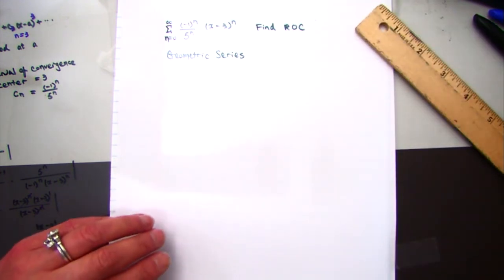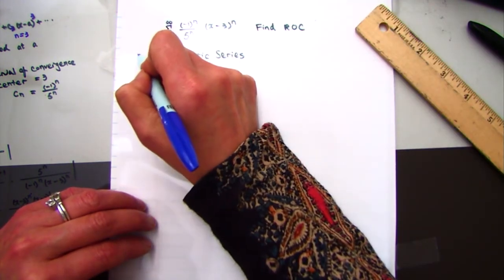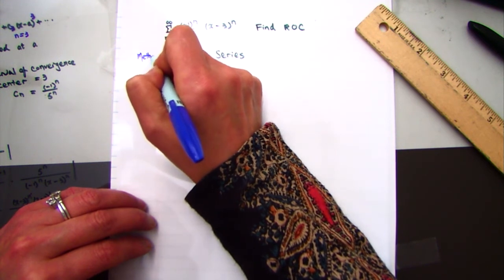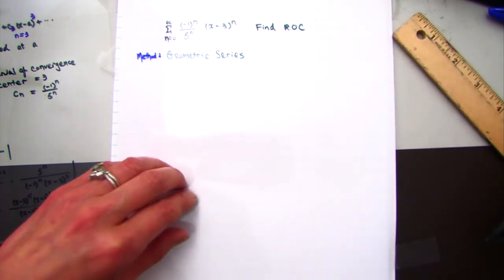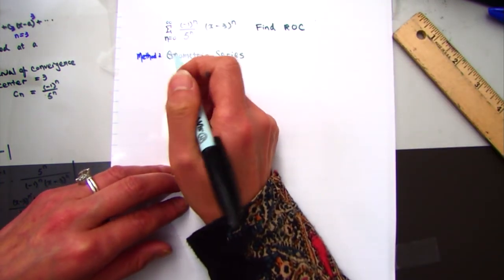So this is method 2. Okay. All right, so first let's make sure it is a geometric series.